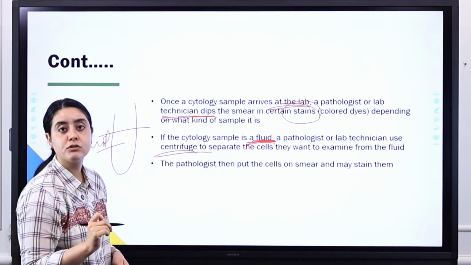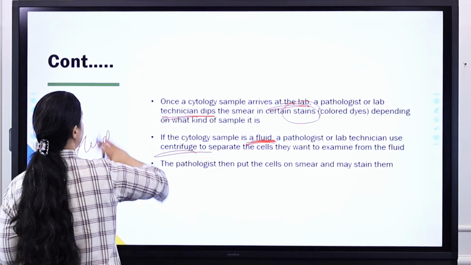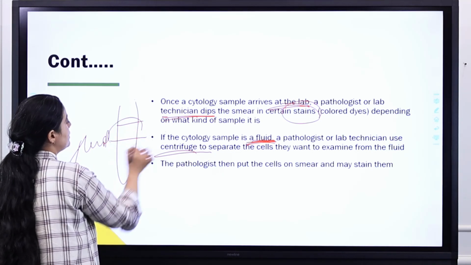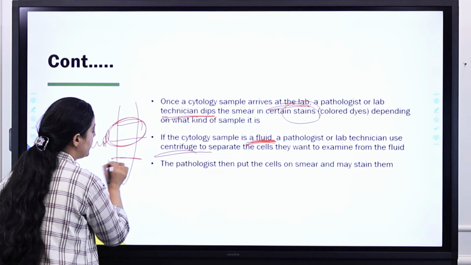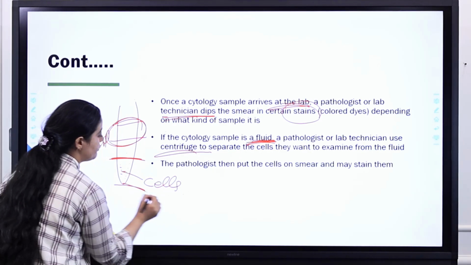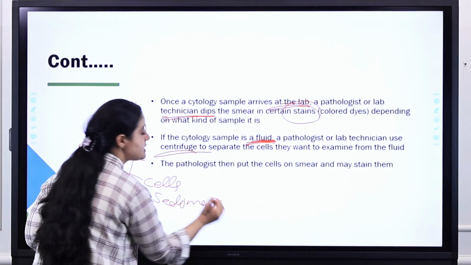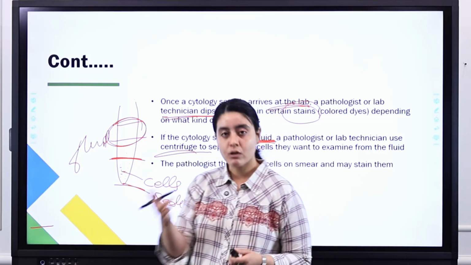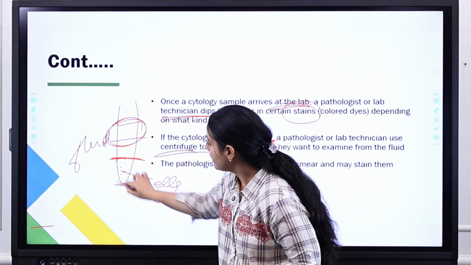Now when you centrifuge your fluid, what will happen? The fluid will be there, but all the cells will be collected at the end of the tube. So these are the cells, they form the sediment. All these cells which we actually have to diagnose, or on which we have to perform our staining, have collected here.